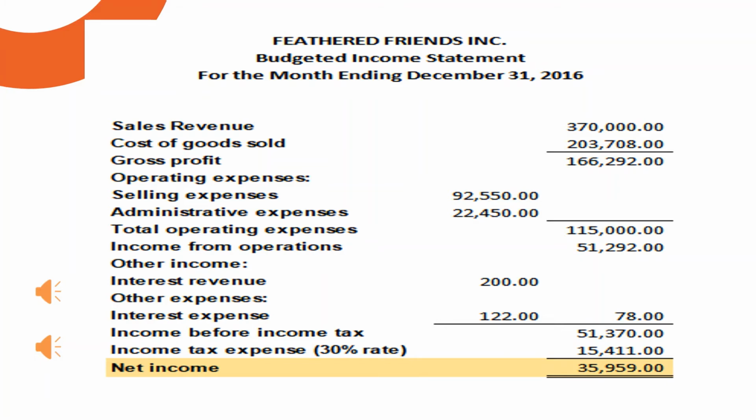So if you compute that, that would give us an income tax expense of $15,411. So you deduct that from your income before income tax, that would give us a net income of $35,959.